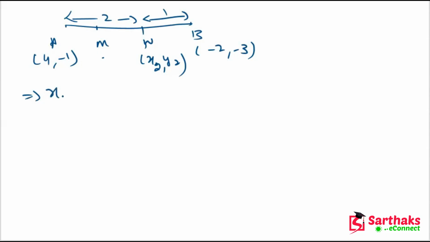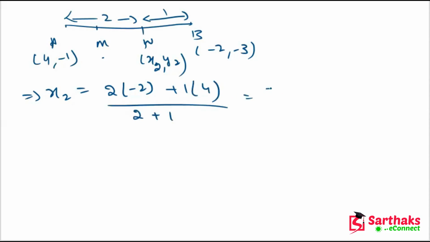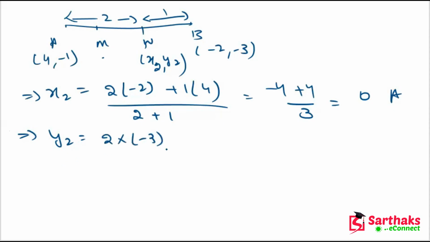Now how do we find x? This is 2 into -2 plus 1 into 4, divided by 2 plus 1, which is equal to -4 plus 4 divided by 3, which is 0. And the coordinate of y is 2 into -3 plus 1 into -1, divided by 2 plus 1.